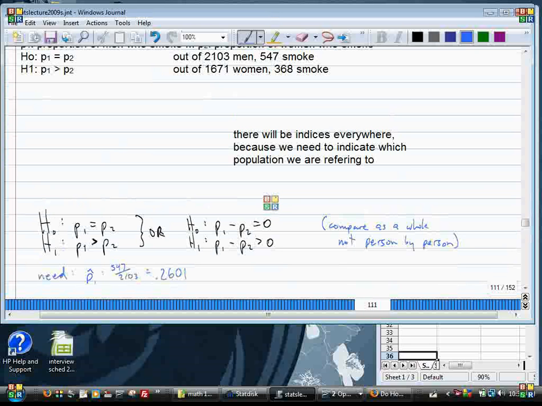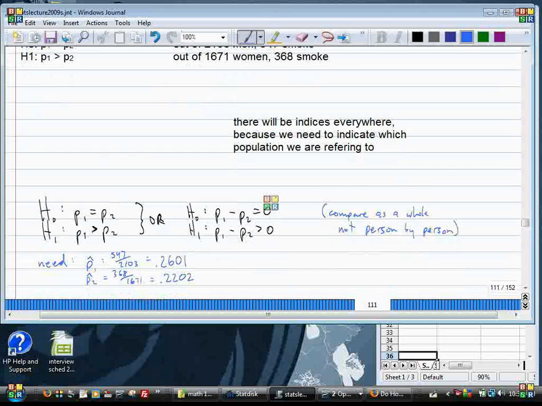And then we also need P2 hat, and that is 368 out of 1671, and that is 0.2202.